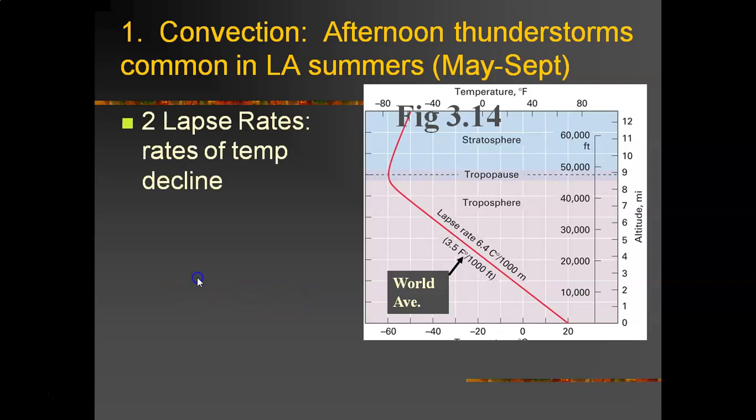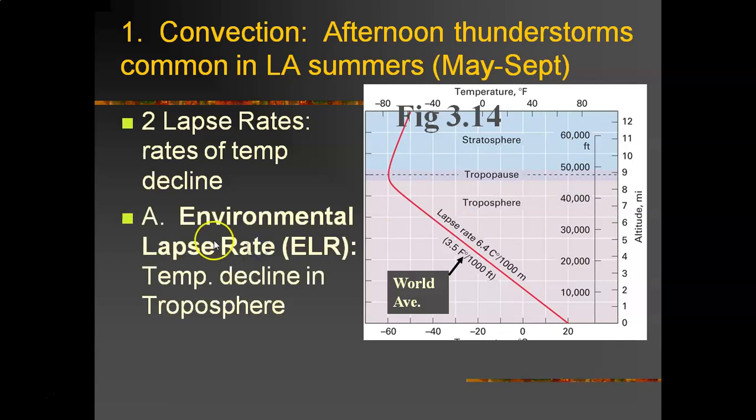Now, in order to introduce convection, I've got to talk to you about something known as lapse rates, and these are rates of temperature decline in something. The first one I want to introduce you to is called the environmental lapse rate. It's a mouthful of a term. We abbreviate it ELR.